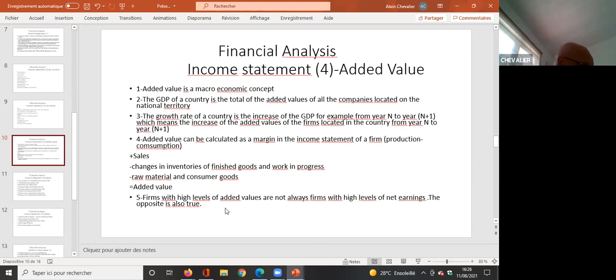Net earnings really depend on the policy in terms of human resources and the productivity of the teams, not on the other kinds of expenses. We have high added value, but with it, we can have high net earnings or low net earnings compared to different standards of consulting firms or general standards.